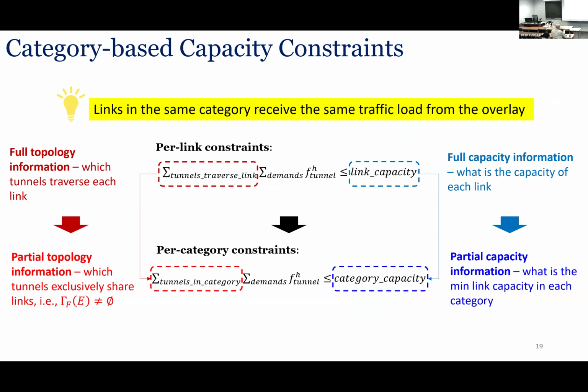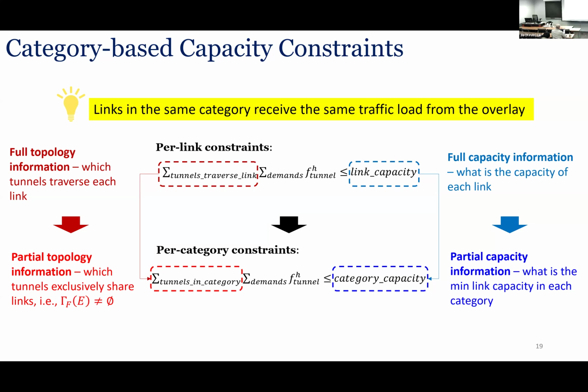You are not going to steer traffic at the granularity of underlay links. As a result, all the links in the same category, which are by definition traversed by exactly the same set of tunnels, must receive the same traffic load from the overlay, because they are traversed by the same set of tunnels.